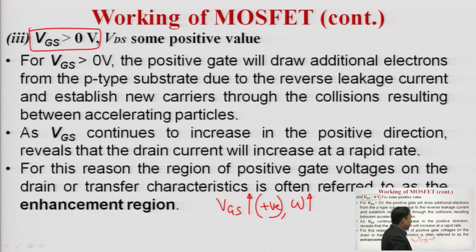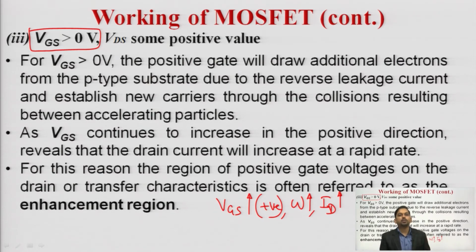Once the width of the channel increases, the drain current ID starts increasing. This is known as the enhancement mode. Enhancement corresponds to the current increasing, or we can say the channel is enhanced.